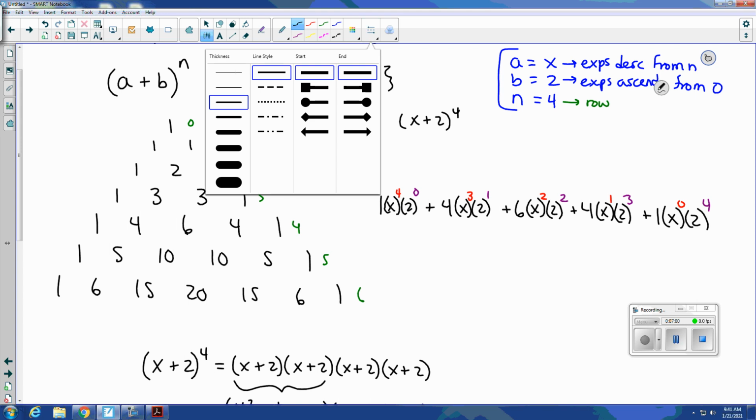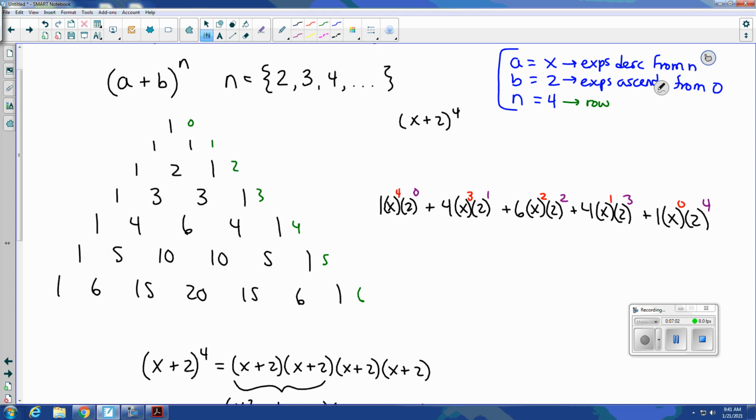So what does that first term simplify to? We have 1 times x to the 4th times 2 to the 0. Anything to the 0 is 1, so we're going to have x to the 4th plus 4 times x cubed times 2, which is 8x cubed. Then we have 6x squared times 2 to the 2nd, which is 4 times 6 is 24x squared. Then we have 4x, 2 to the 3rd is 8, so 32x.